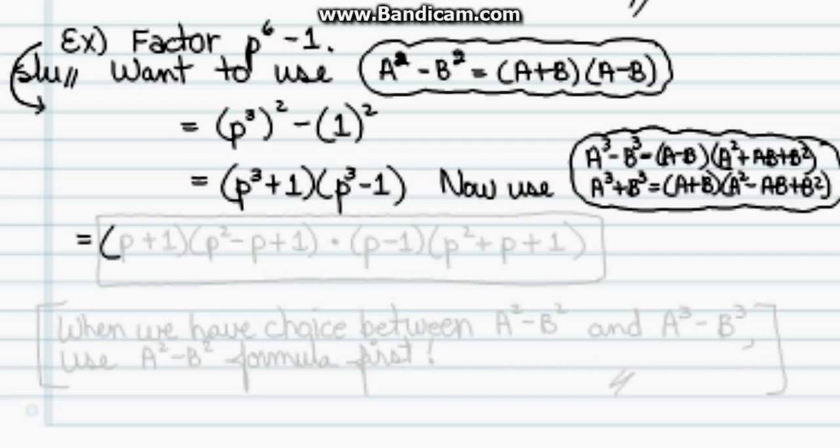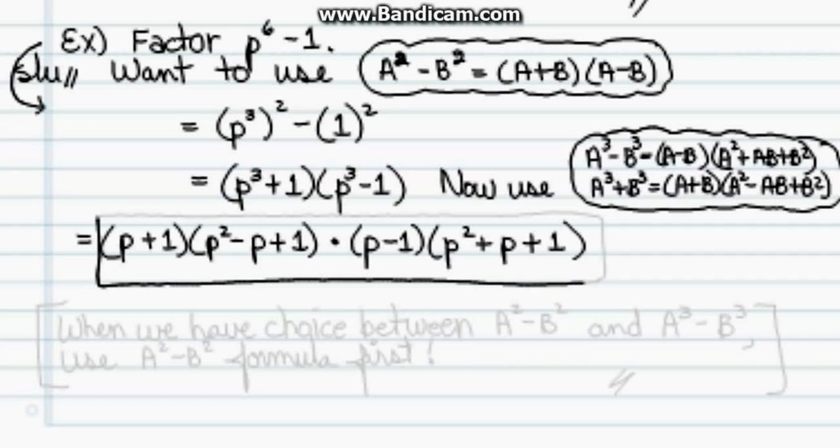So that factors as p plus 1, it's the second formula, times p squared minus 1 times p is p plus 1 squared is 1, times the factorization of the second, p cubed minus 1, that factors as p minus 1 times p squared plus 1 times p is p plus 1 squared. And we are finished.